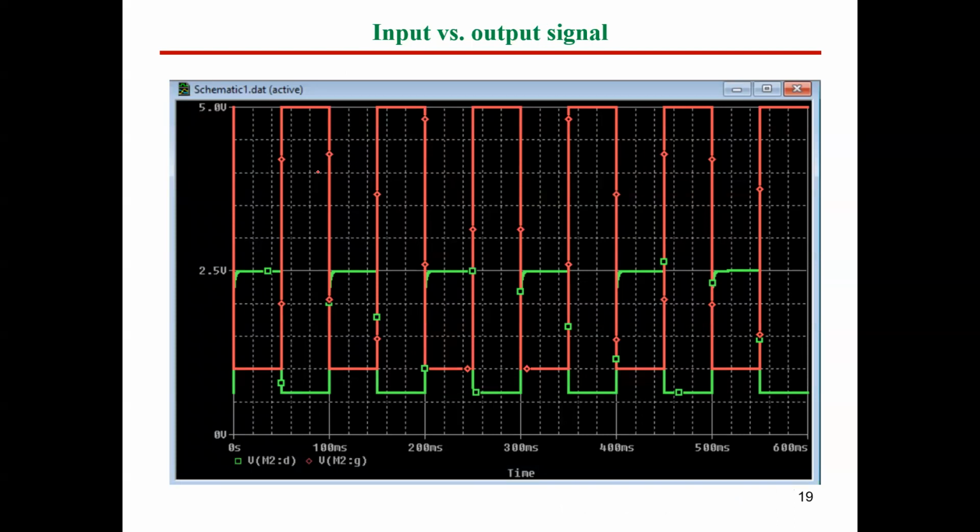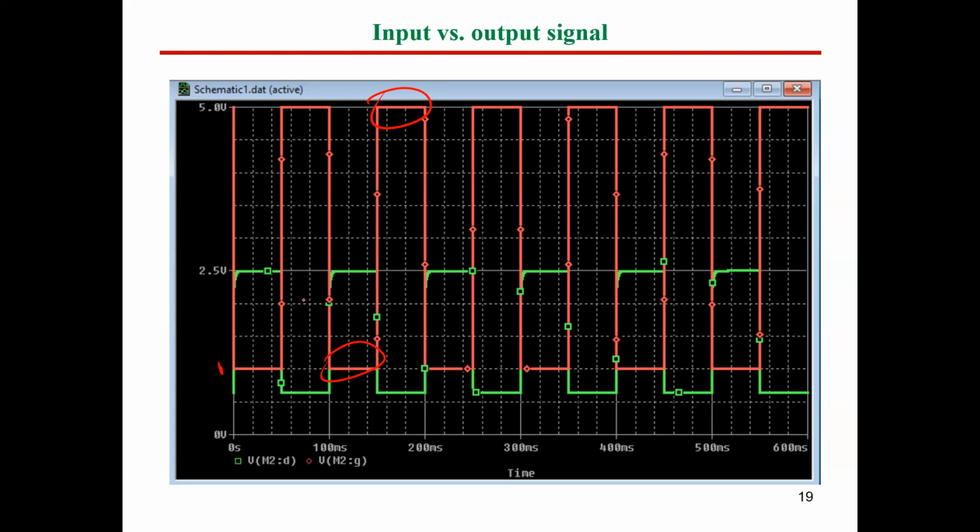So when we apply a signal of active high 5 volt, as you can see here, this is the 5 volt active high, and the active low is 1 volt. Okay, so this is 0, this is 1 volt. As you can see, the signal has been complemented.